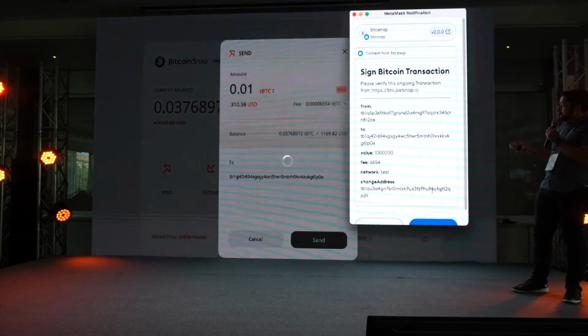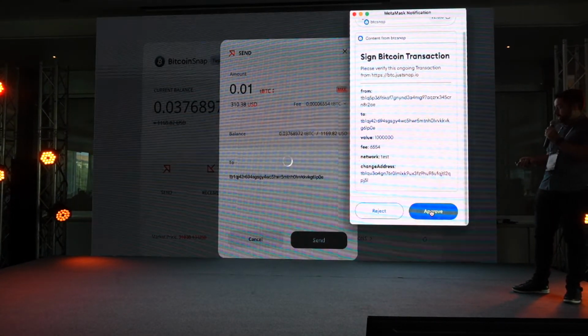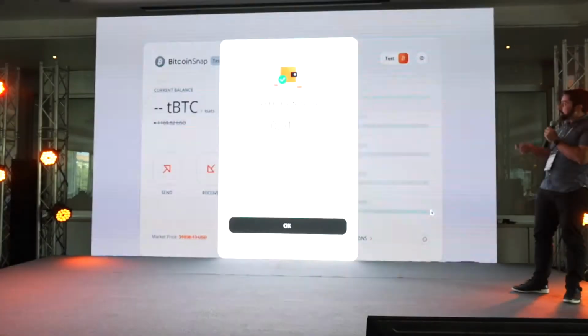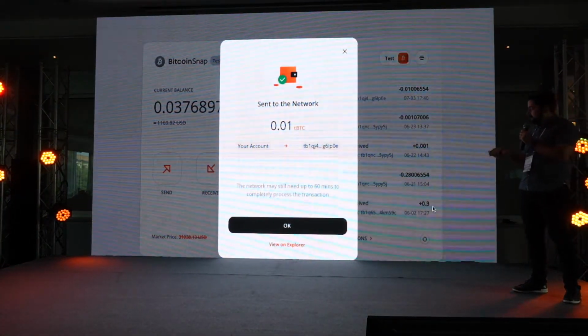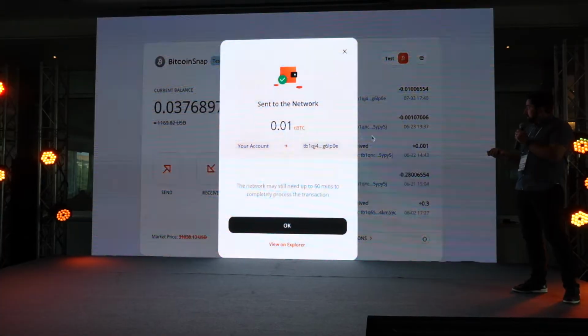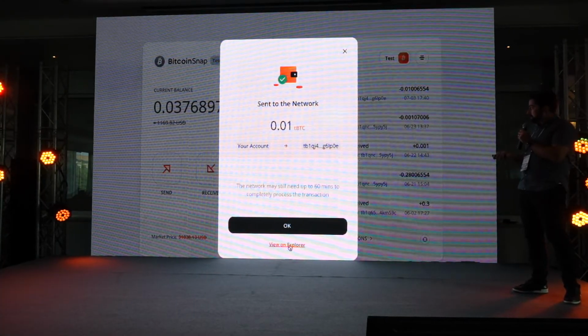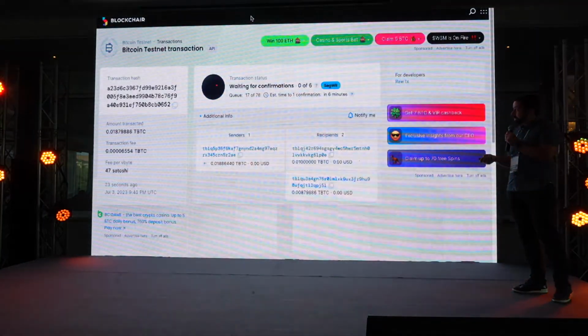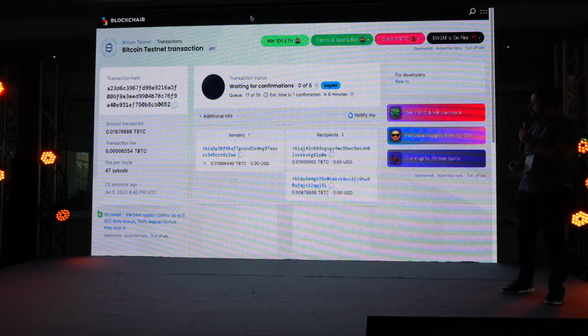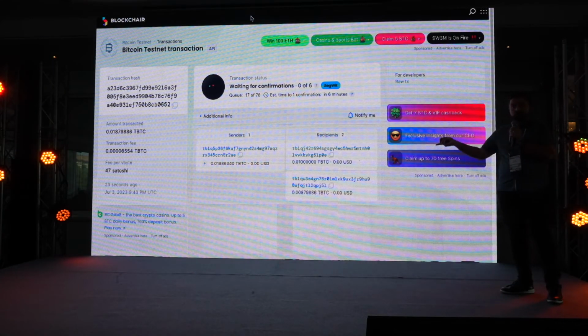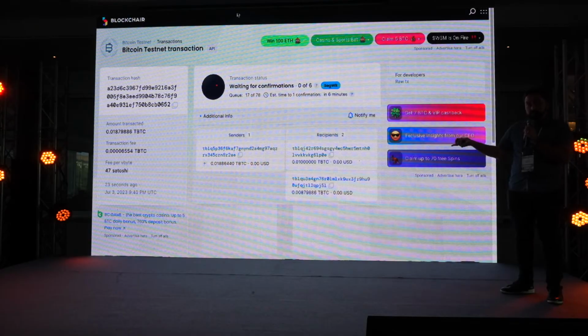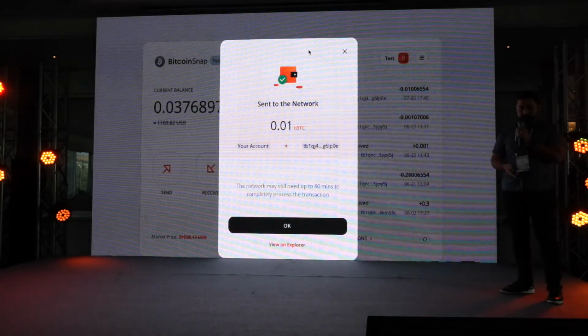And so this is a dialog that has all the information about the transaction, and it's coming from the Bitcoin snap, and when the transaction is sent, it's going to show in the Explorer. And so this is the Blockchain Explorer, and this is an actual testnet Bitcoin transaction that was facilitated by a Bitcoin snap. So MetaMask is actually the Bitcoin wallet in this scenario.